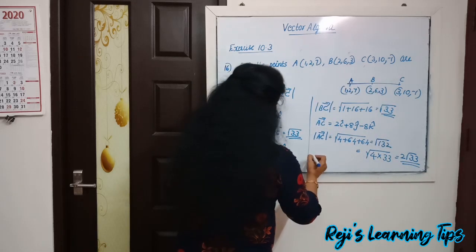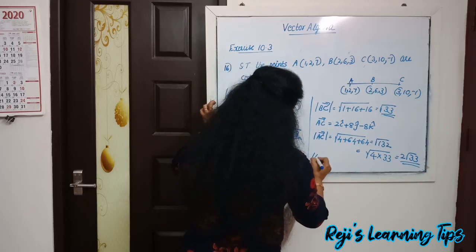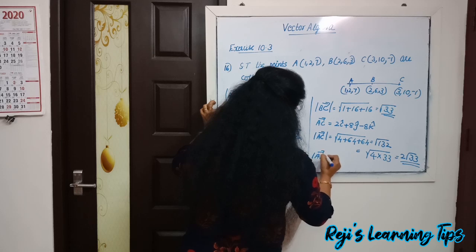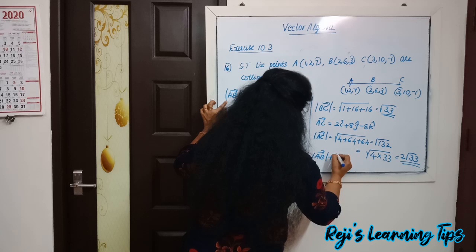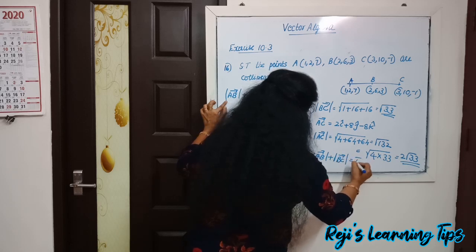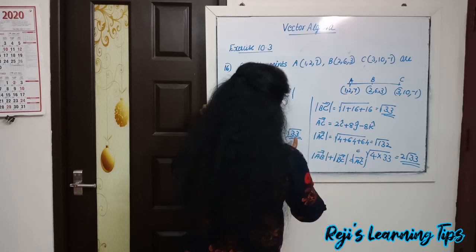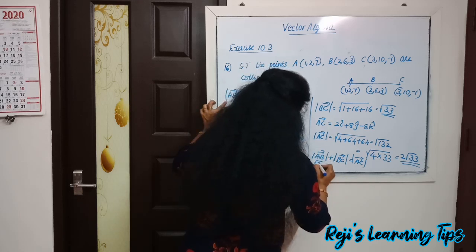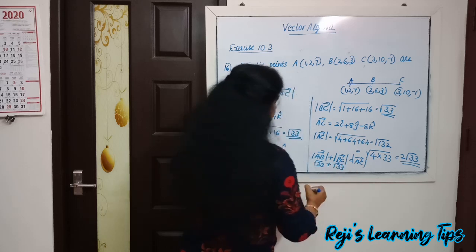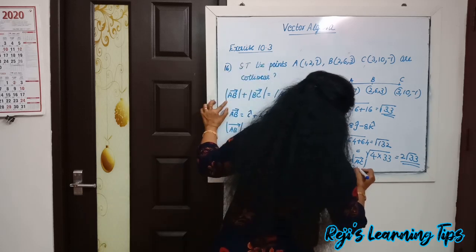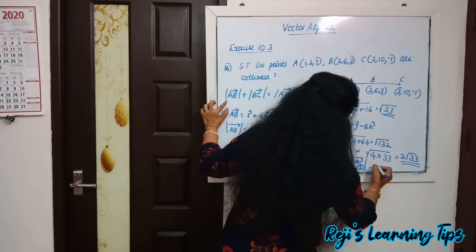So we can say that modulus of vector AB plus modulus of vector BC is equal to modulus of vector AC. Modulus of vector AB is root 33, modulus of vector BC is root 33, that is equal to 2 root 33, which is equal to modulus of vector AC.